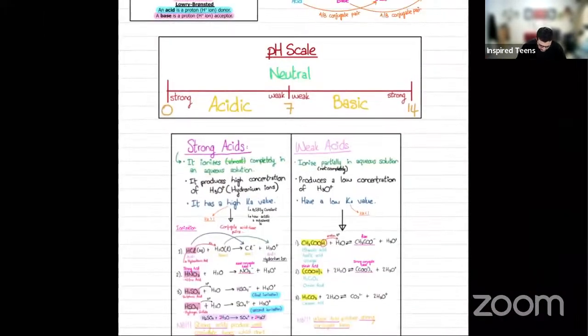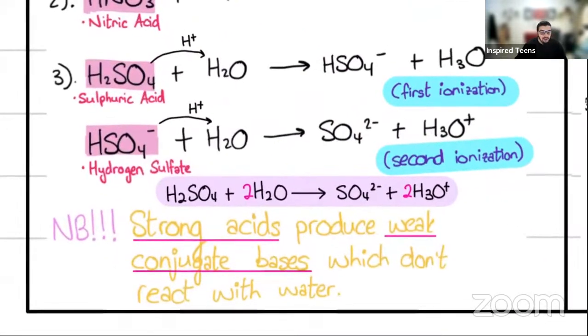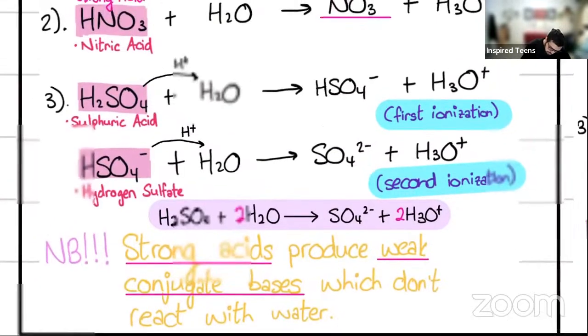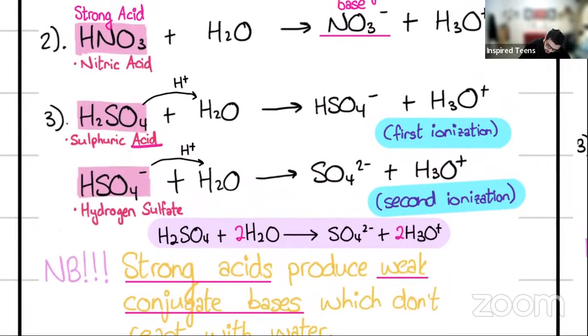So what does that mean exactly? Let's revise these chemical equations to help us understand what an ampholyte is. Here we have H2SO4 acting as an acid.